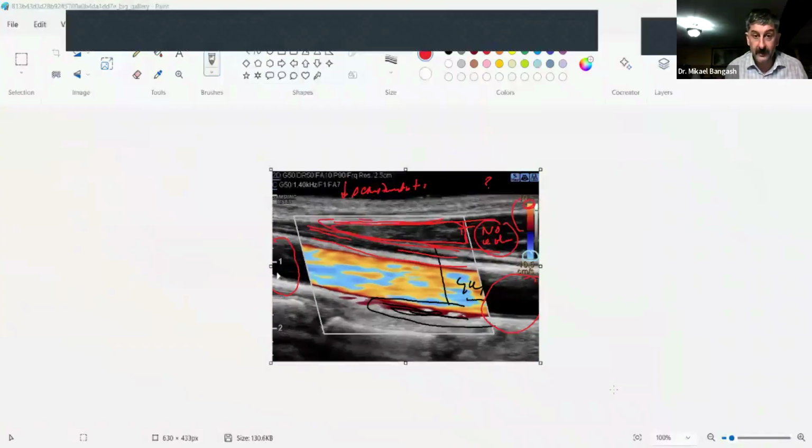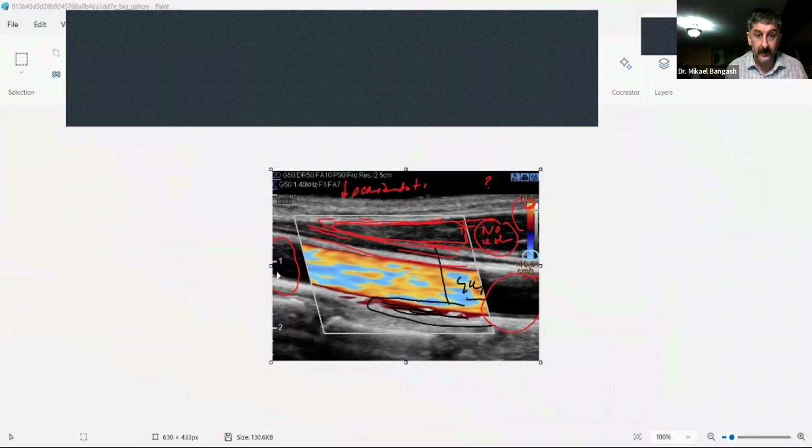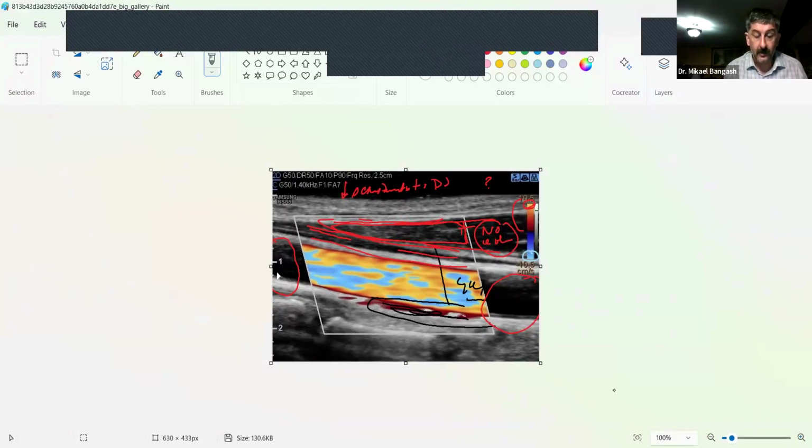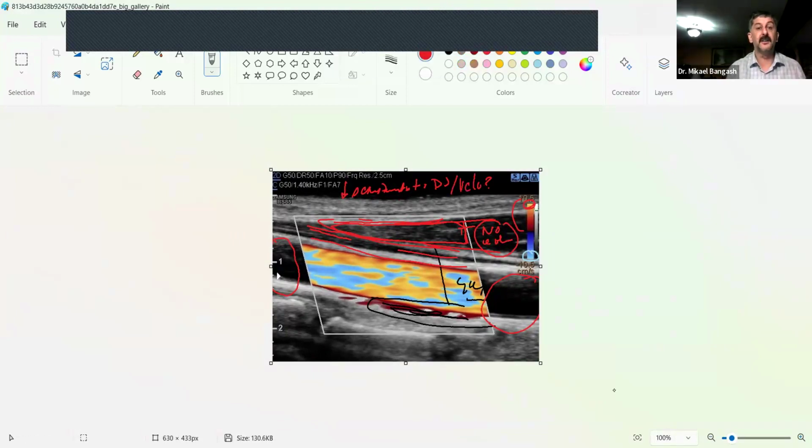So why don't we have a color in this blood vessel here? Because of a low Doppler shift, which mainly means that you have a low velocity. Did you guys get that?